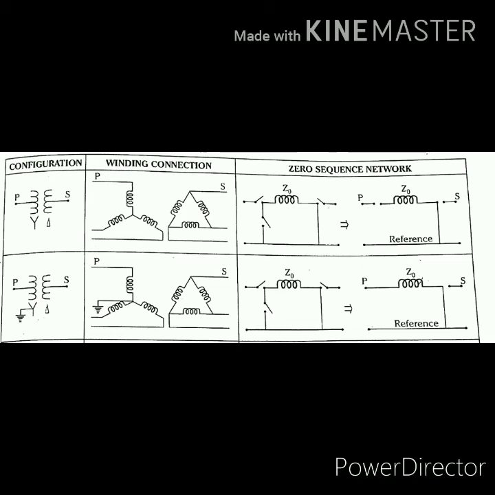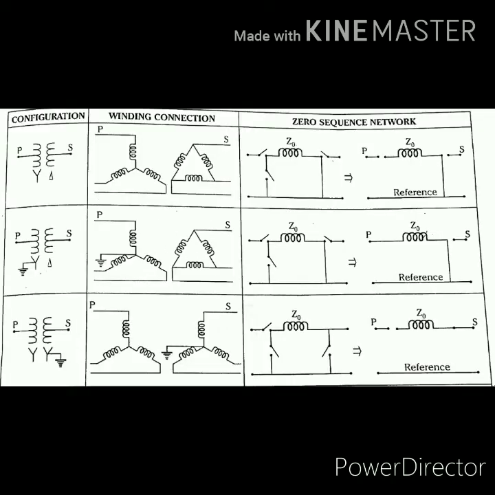And now coming to the secondary side, it is a delta side. So as soon as you see delta side, that side shunt switch is closed and remaining switches are open. Okay, next diagram, next configuration.